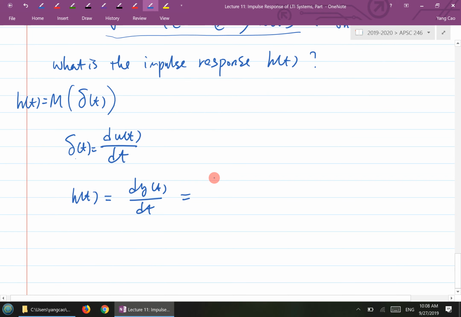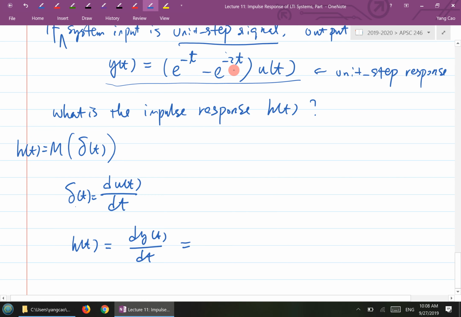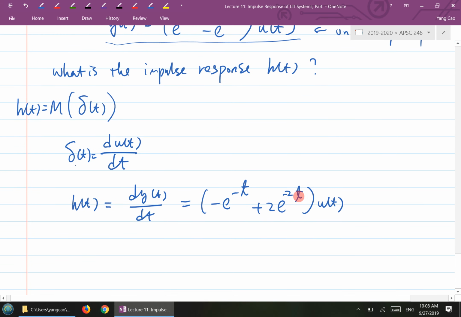So let's do that. What's the derivative of the first term? Negative e to the power of negative t plus 2 times e to the power of negative 2t, times u of t. Right, that's the derivative of the first term, so u prime v plus v prime u.